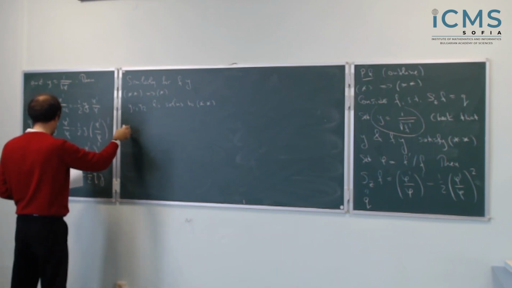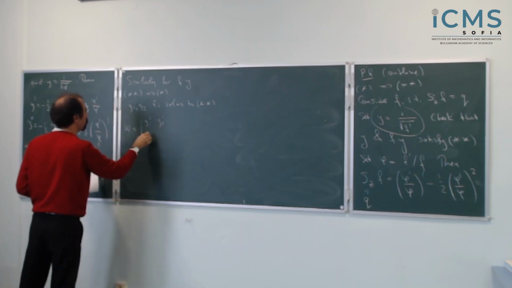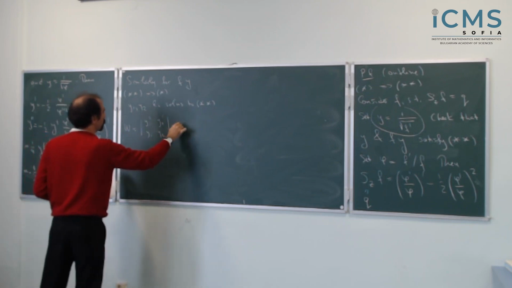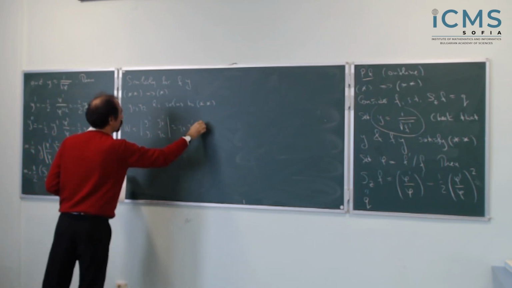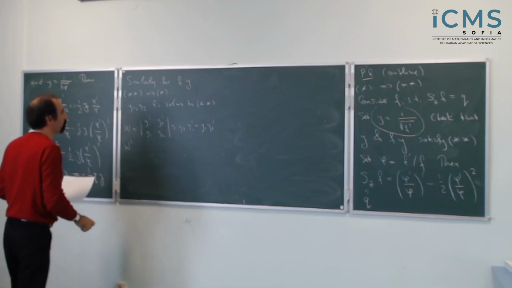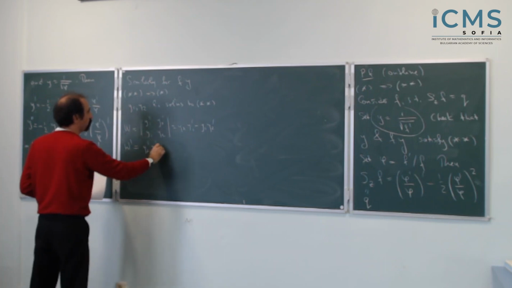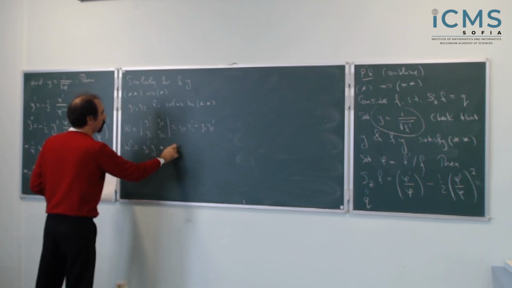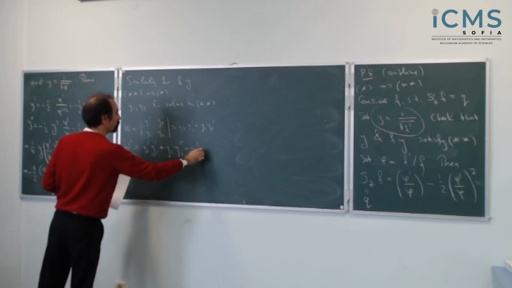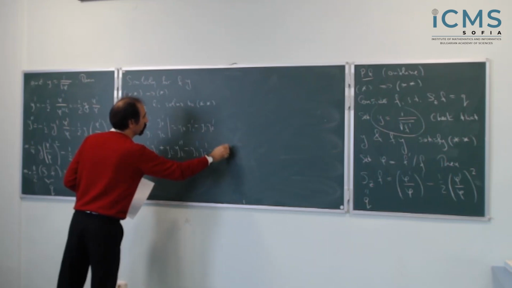Right? So look at the Wronskian, y1, y2 prime minus y1 prime y2. So W prime, right, is y2 prime y1 prime plus y2 y1 double prime, minus y1 prime y2 prime, minus y1 y2 double prime.